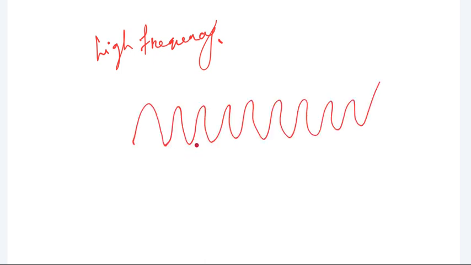Now we are going to high frequency. The energy lost will be significant in a shorter distance. In a shorter distance, more energy will be lost, but this will travel in less time.